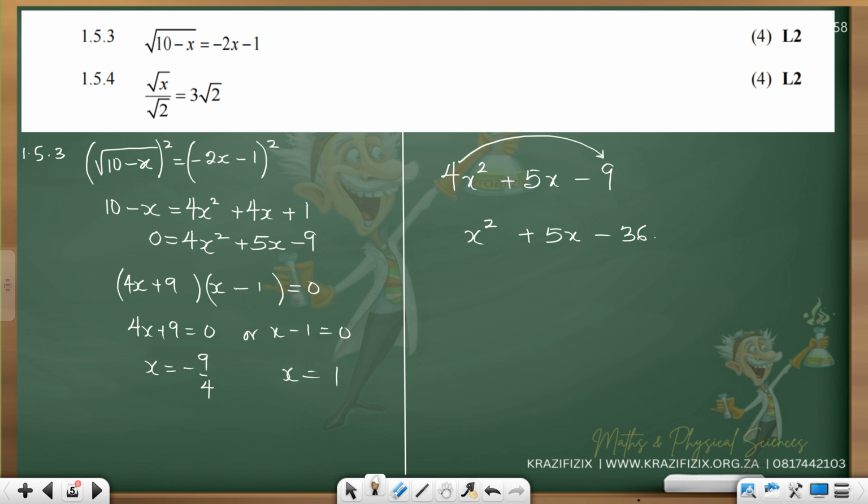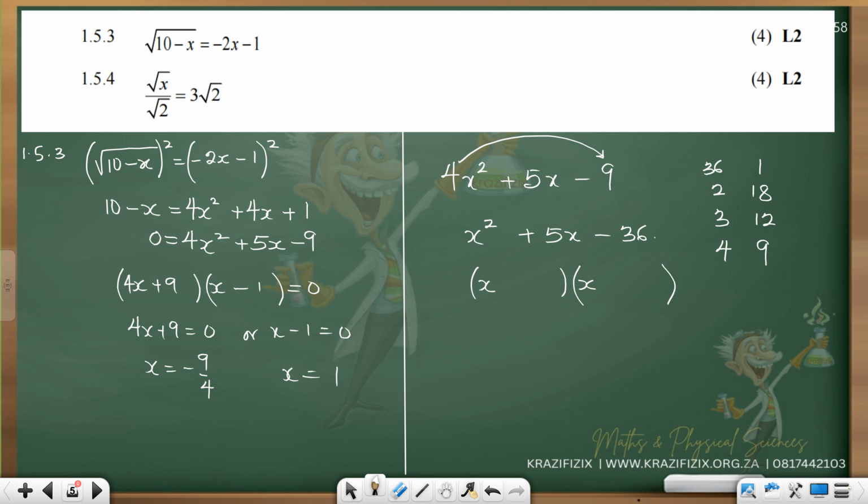Okay. We know that everyone can factorize this because this is from grade 9, right? X there, x there. What are the factors of 36? We have 36 and 1. We have 2 and 18. If I multiply, I'll get that. 3 and 12. 4 and 9. Right? Yes, sir. If I multiply all of this, I would get 36.